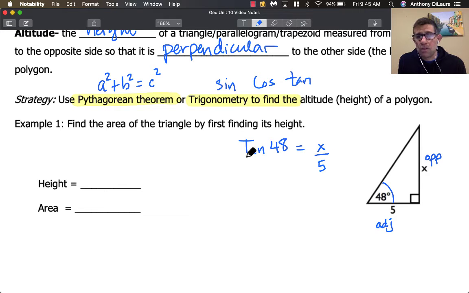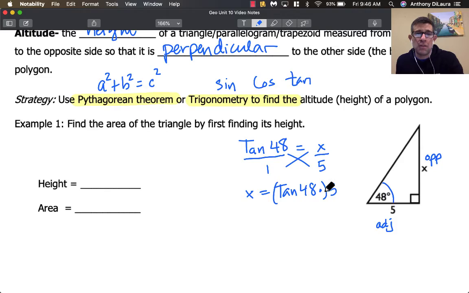Now remember, we said we can set up this proportion and cross multiply. So this becomes x times 1, which is just going to be x, and that's going to be my opposite leg, and that's going to be equal to the tangent of 48 degrees times 5. So we're going to put the tangent of 48 in parentheses and then multiply it by 5.